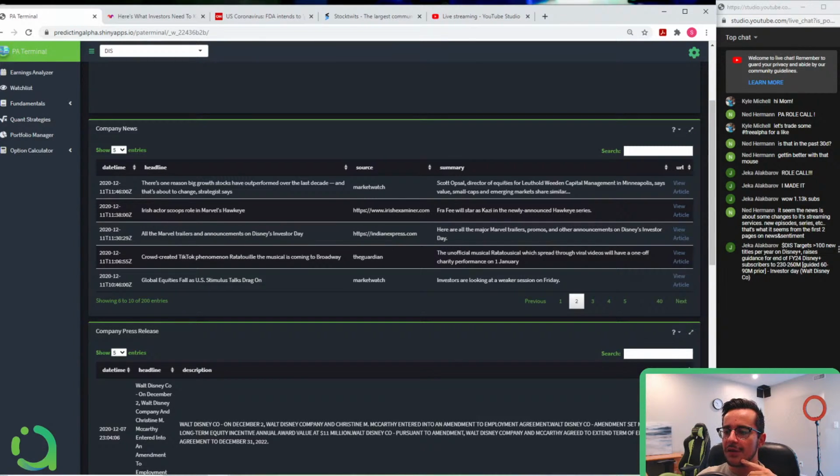Disney targets 100 new titles per year on Disney Plus, raises guidance, subscribers. Wow. Okay, so it totally makes sense why this thing popped, right? Guidance is up. Guidance is a huge driver of today's value. Remember, market's looking forward too. Company comes out, raises their guidance. Our view of the future and the market's view of the future should change to reflect that.